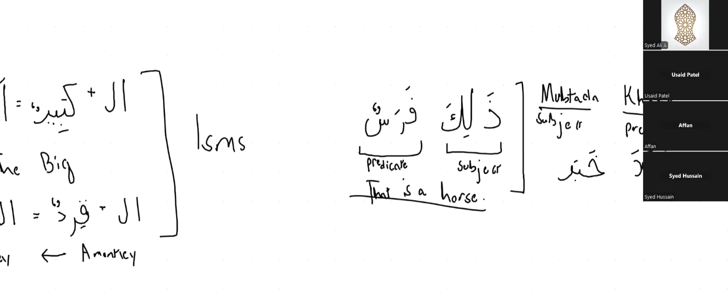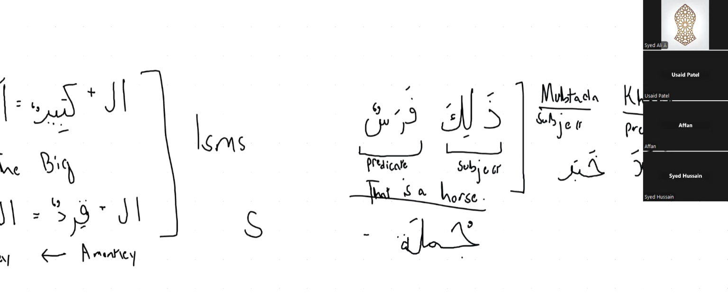The tablet was not working for a moment. So the spelling would be Jim, Meem, Lam, Ta: jumla. This is the word for a sentence in Arabic.